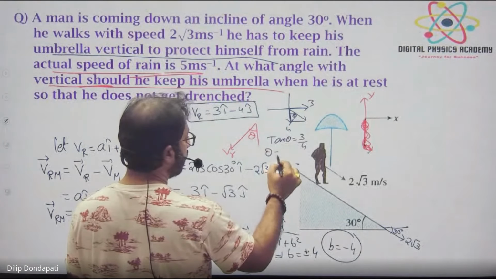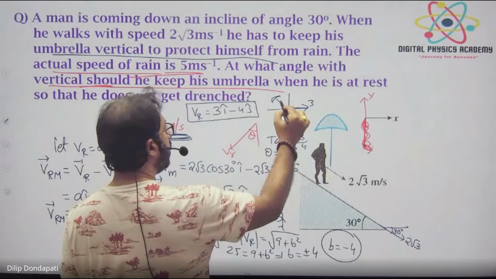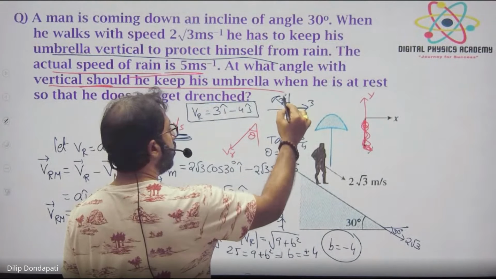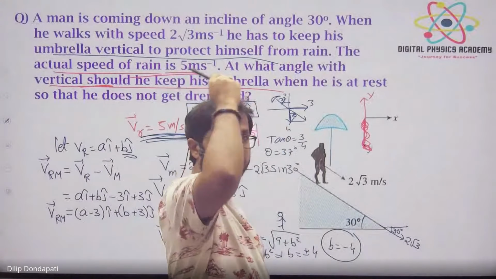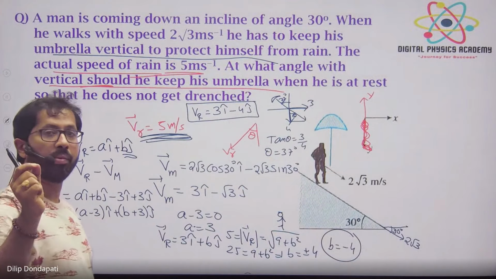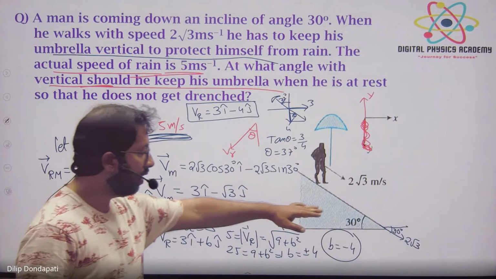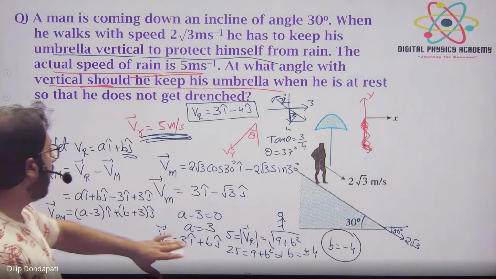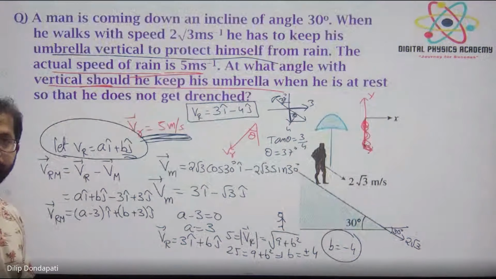So theta is 37 degrees. That means he has to put his umbrella in this position at 37 degrees so that he will not get drenched when he is at rest. Since the rain comes from behind, he has to tilt it a little from the vertical. Learn to do this standard problem like this: always, whenever they give it, split the components and always take the velocity of rain as A i cap plus B j cap.